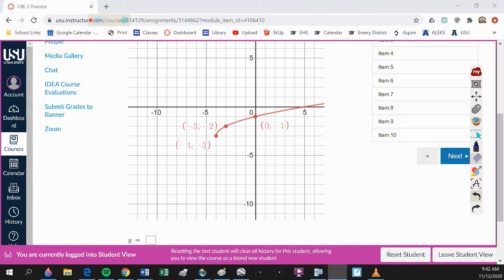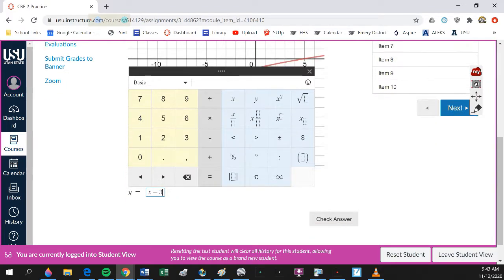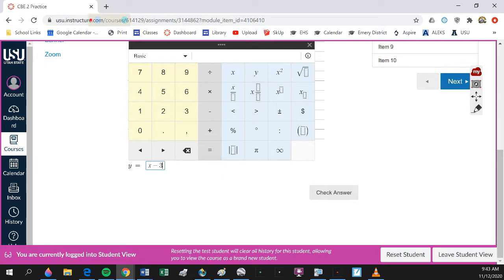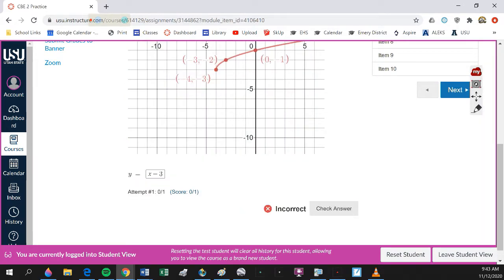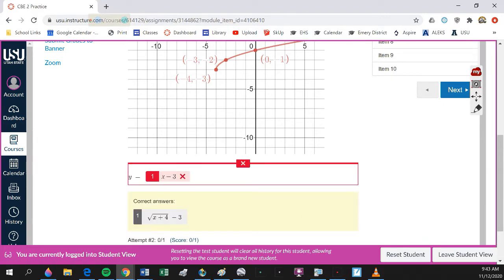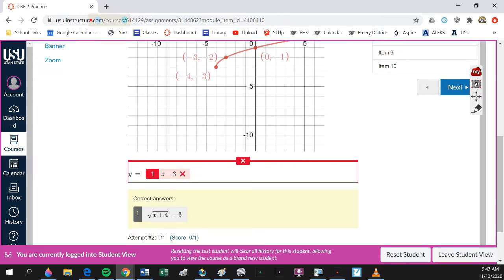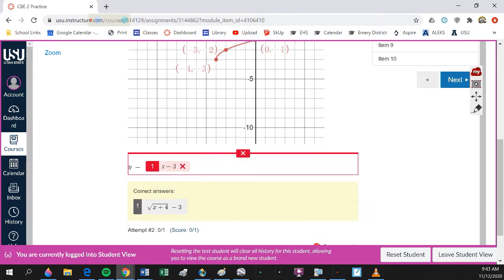So let's plug an equation in there and see what happens when we get it wrong. Can I do another one? Try again. Give up. How do I do another one?